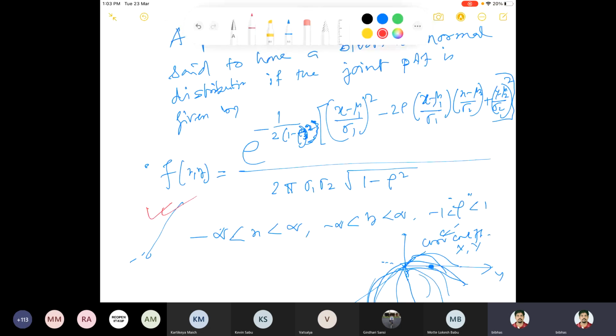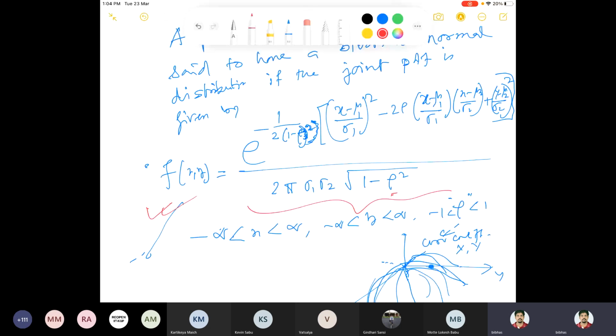For bivariate normal, the marginals are normal also, and there is a coefficient rho. If you put rho equal to 0, then x and y are independent, and the function can be written as a product of the PDFs of two normal distributions: one with parameters mu1 and sigma 1 square, another with mu2 and sigma 2 square.